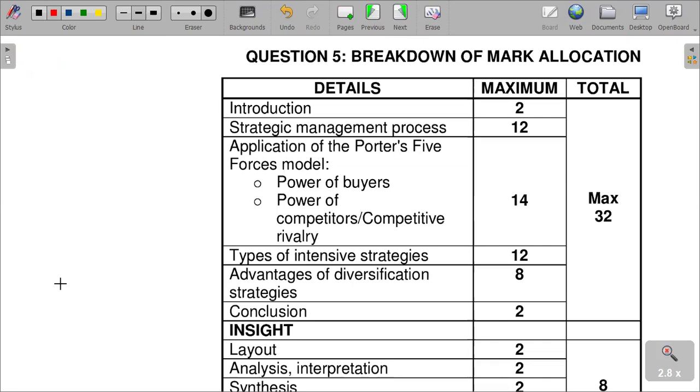So you can see the introduction has a maximum of 2 points, and then the strategic management process, you explain it, and you get a maximum of 12 marks. And then application of Porter's five forces model has a maximum of 14. Actually it has 14, and that part alone gives you a maximum of 32 marks.